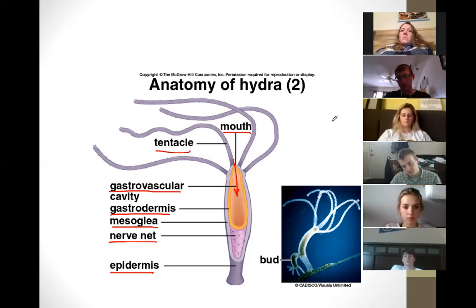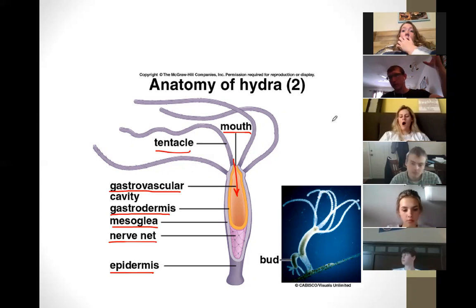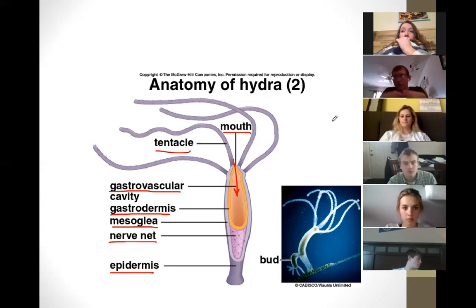And I'm not going to claim that I really truly understand this, because I really don't. But this thing with no brain and no spinal cord and no thought, right, will grab food, contract its tentacles, shove the food into its gut, and digest it. And that kind of blows my mind, because I'm like, how do you know you're not grabbing a little piece of debris or junk that's floating by?